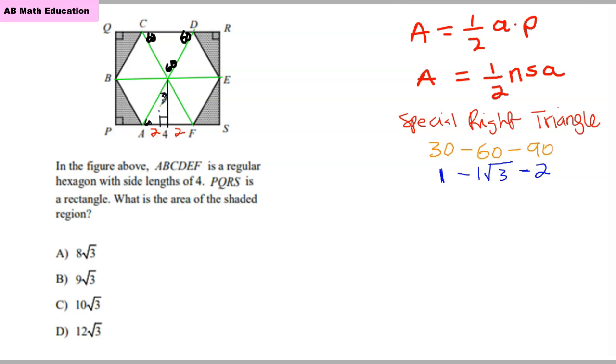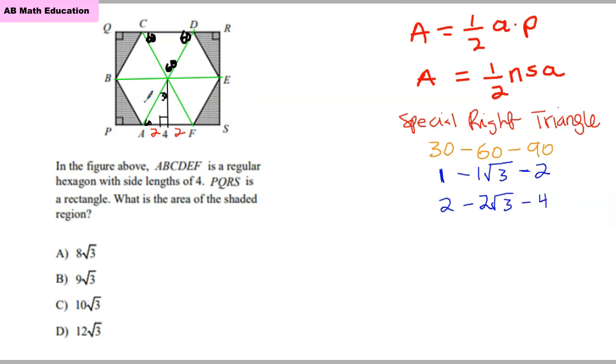Here we see the 30 is facing the 2. So if we have 2 here, without doing any calculation, we can figure out here is also going to be 2√3, and then here is going to be 4.